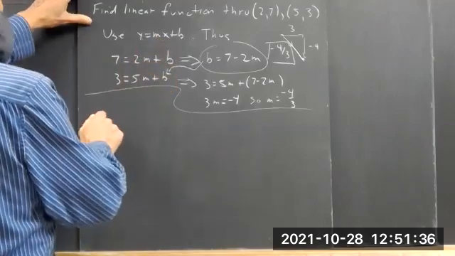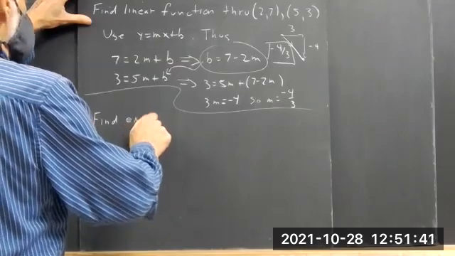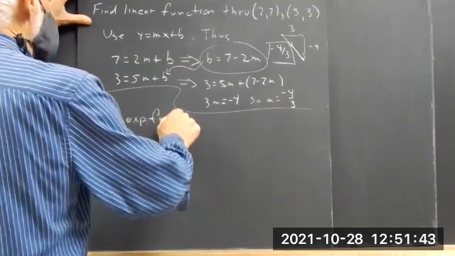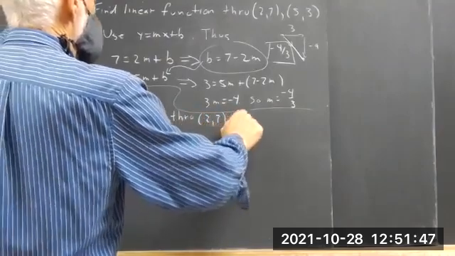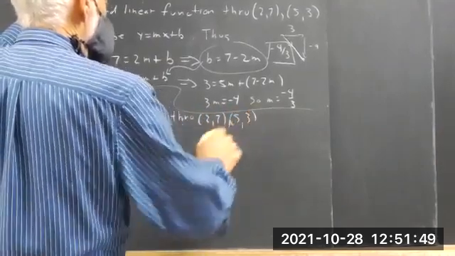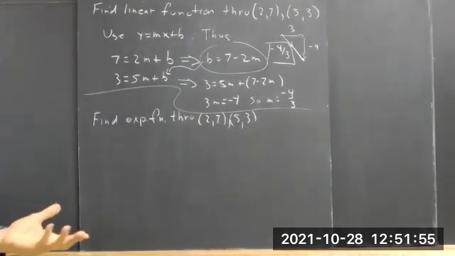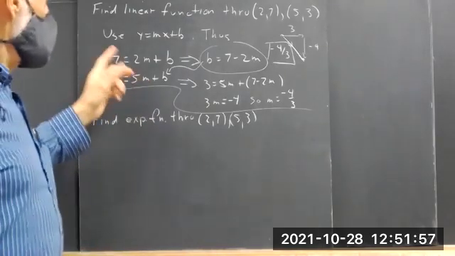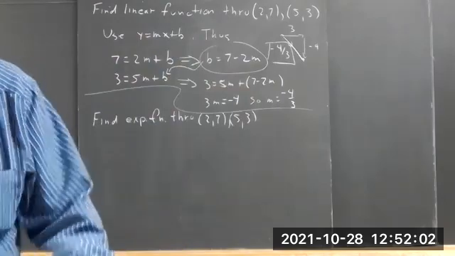Now, if we want to find an exponential function through the points (2, 7) and (5, 3). Well, an exponential function, and you should know this, just like you know y equals mx plus b, you would have used it on your homework.